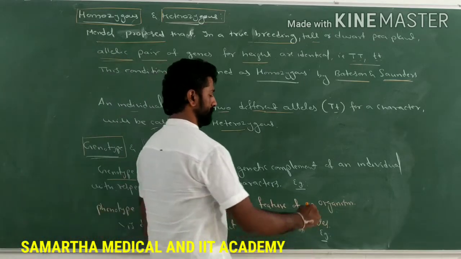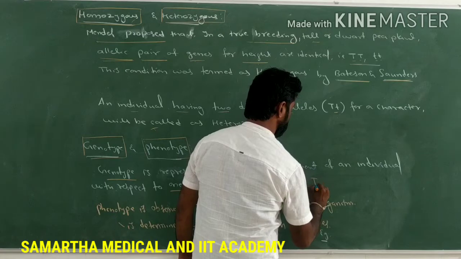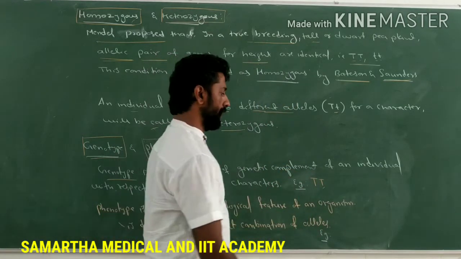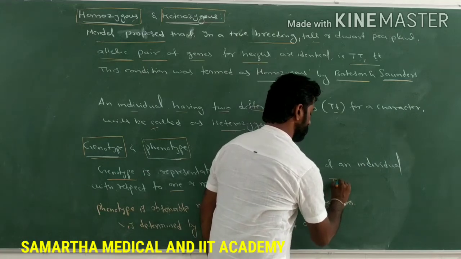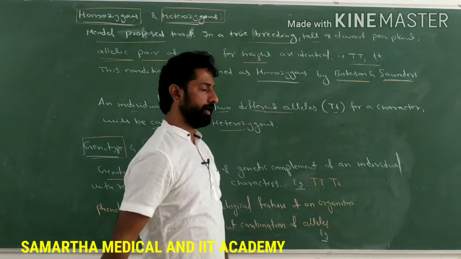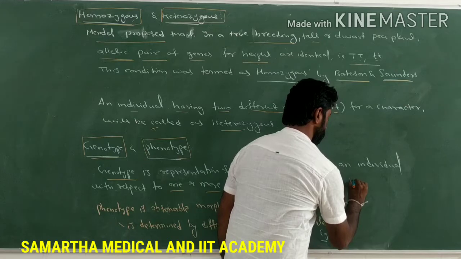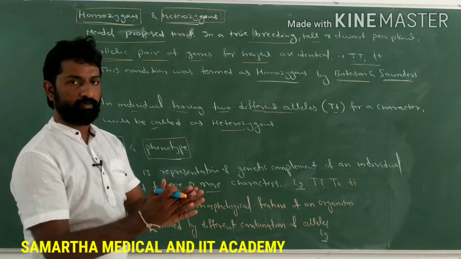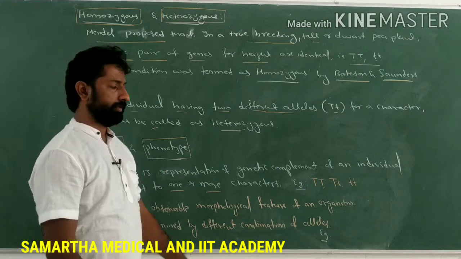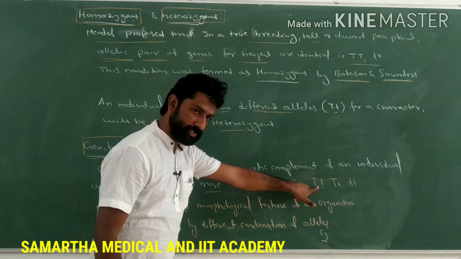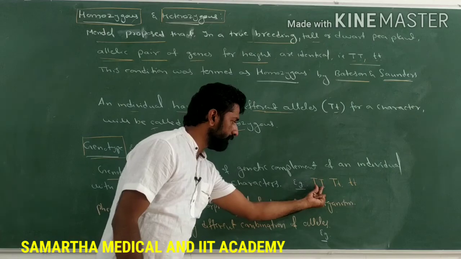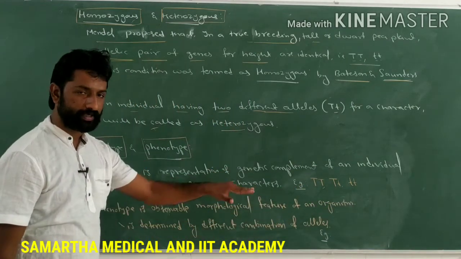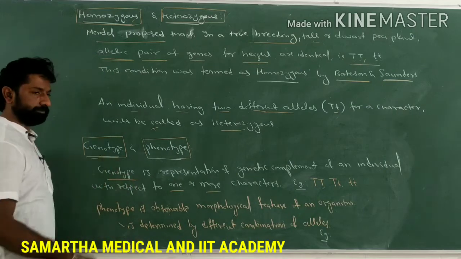Example, for tallness, whether it is homozygous tall or heterozygous tall, or the plant is dwarf. So instead of words, we represent their condition, the genetic complement, in the form of a combination of alleles. Such a representation is called genotype.